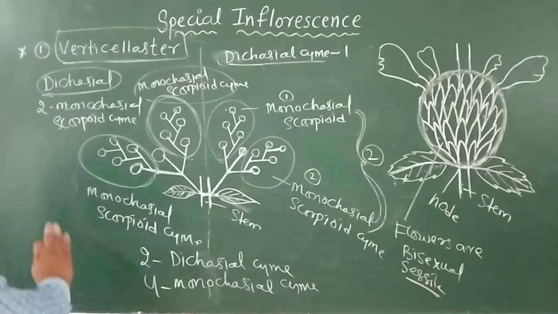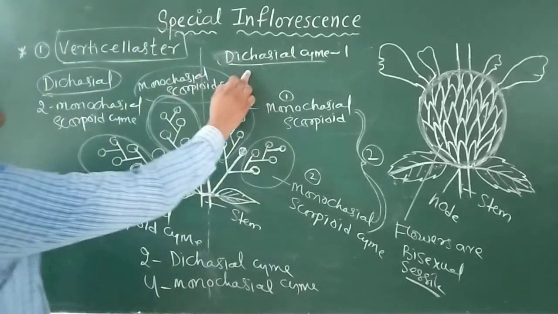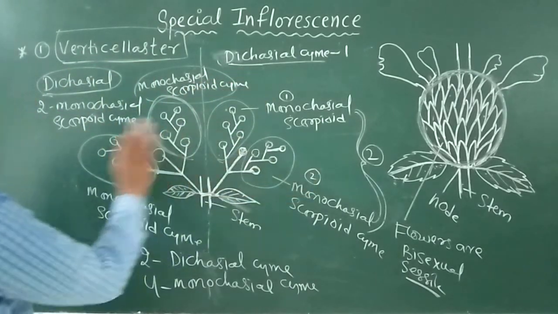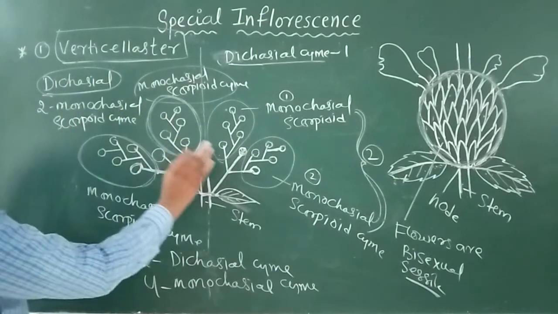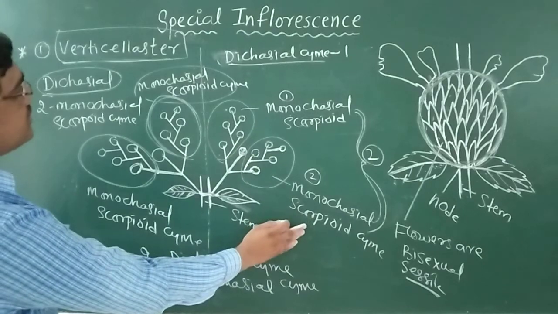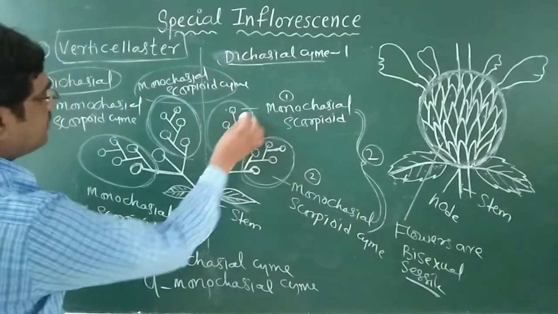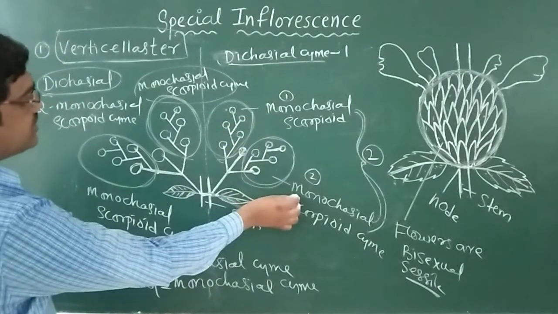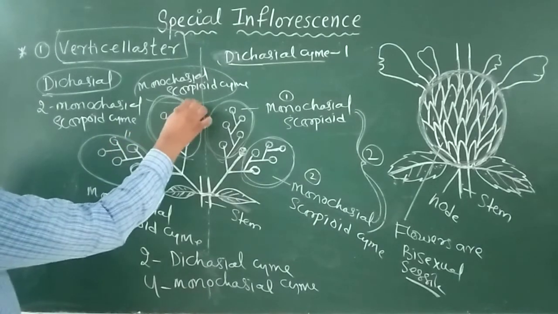Okay? So finally in verticillaster, how many dicasial cymes are there? This side one, this side one, two dicasial cymes. How many monocasial scaphoid cymes are there? This side two, from this side two monocasial cymes. Again this side two monocasial scaphoid cymes.